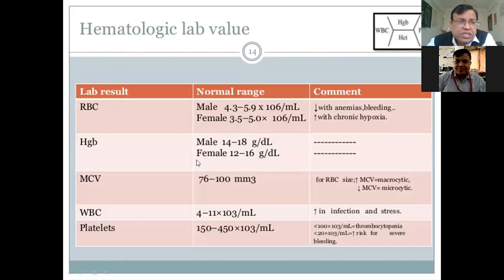Now next are hematological lab values, that is the concentration of RBC. In male, it is 4.3 to 5.9 into 10 raised to power 6 RBC per microliter.